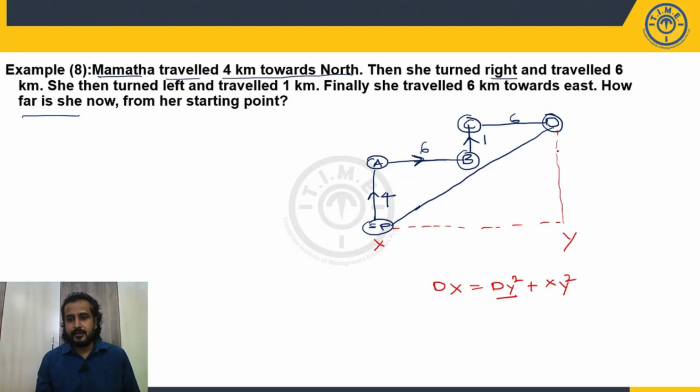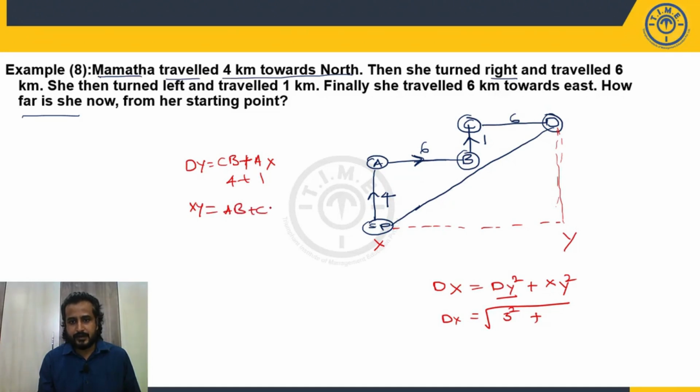DY distance is equal to CB distance plus AX distance. CB plus AX will be equal to DY. So how much is it? 4 plus 1, 5. So 5 square plus, because we need to apply Pythagoras, DX is equal to the square root of 5 square plus the XY distance. This XY distance is equal to AB plus CD distance.